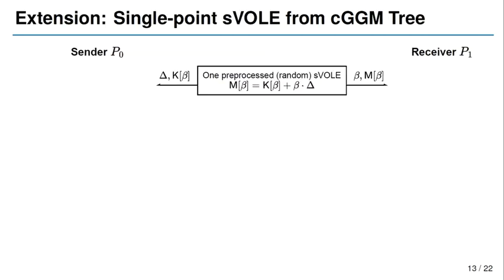And our single-point COT from GGM tree can also be extended to realize a single-point SVOLE if we assume the two parties have access to one preprocessed random SVOLE. Here, this random SVOLE picks the global key delta and the global offset k-beta for the sender.